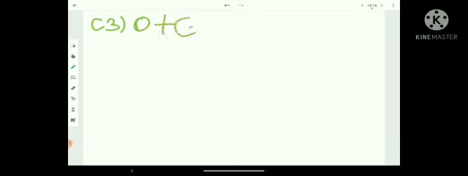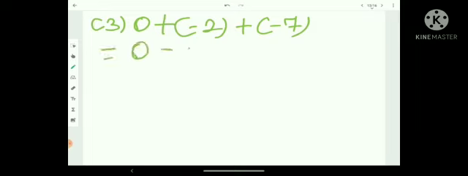Column 3, it is 0 plus minus 2 plus minus 7. 0 plus minus 2 plus minus 7 is equal to 0 minus 2 minus 7. So don't consider this, minus minus plus, so minus 9.